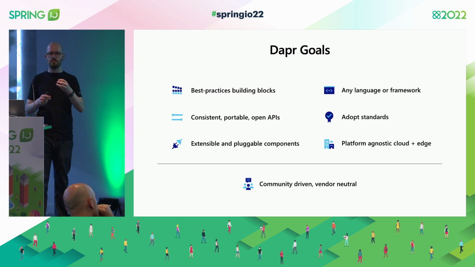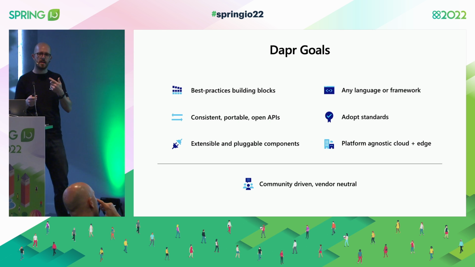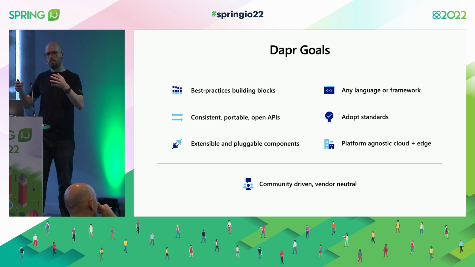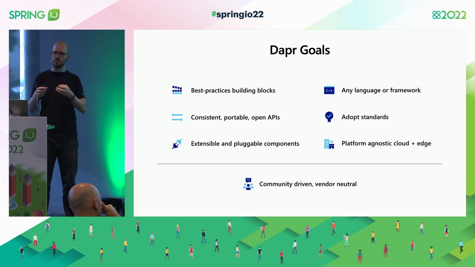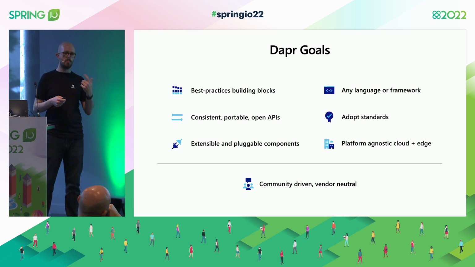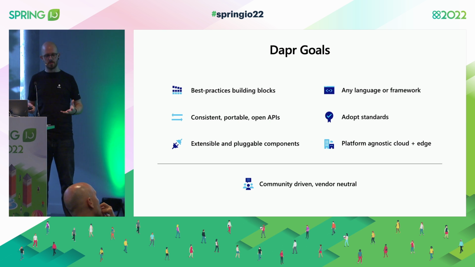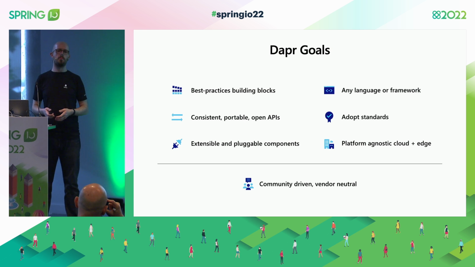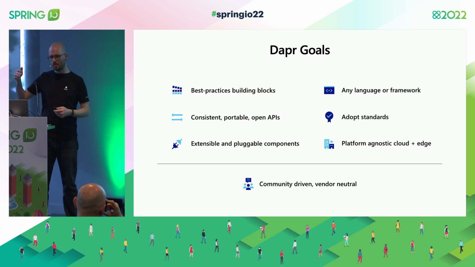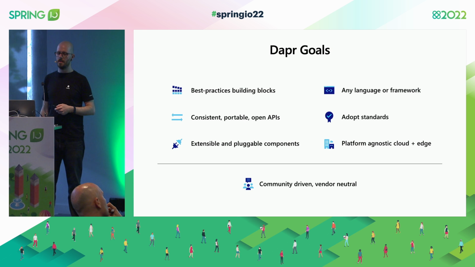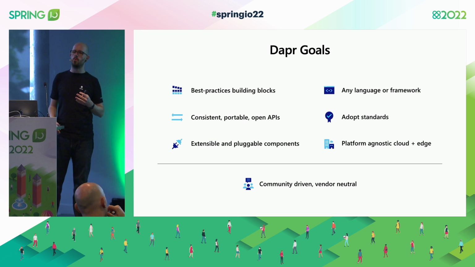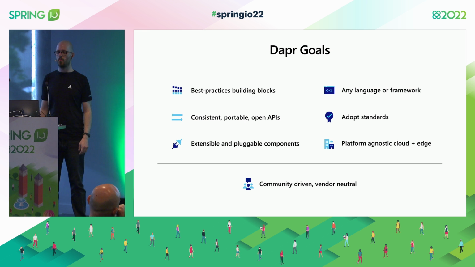They represent the function sets and also take a bunch of mundane tasks off the applications itself. They communicate with an open API inside of this Dapr system, and they are extensible, pluggable components. This will be important in this following journey as well. So in essence, you are able to write applications in any language or framework, and it's community-driven and so on. You can deploy it on any infrastructure.